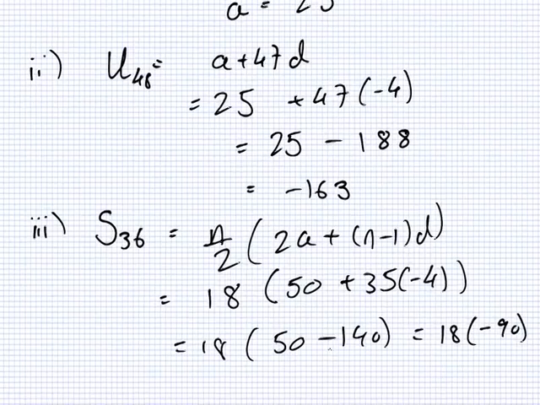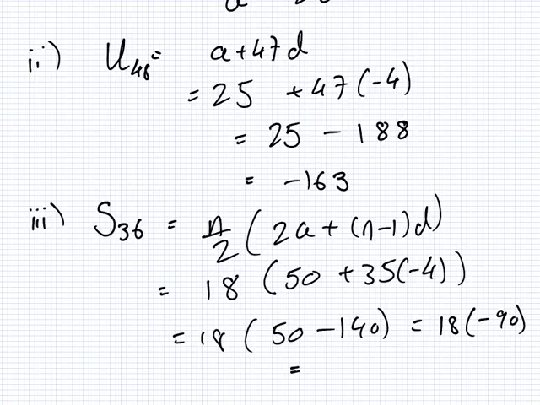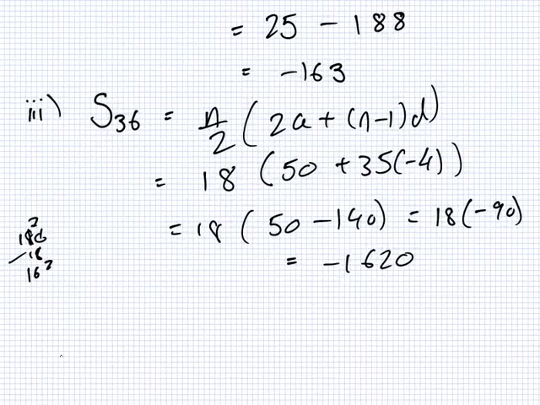Is that right so far? Let me see. 180 minus 18. Is that minus 1620? Yeah. Okay. Now look, I don't have my calculator, so I'm counting on you to spot mistakes. It looks okay?